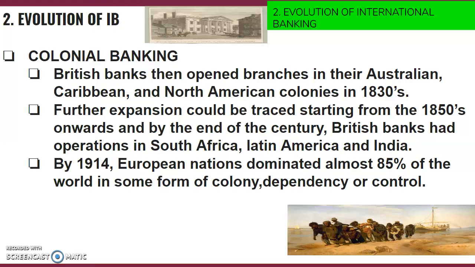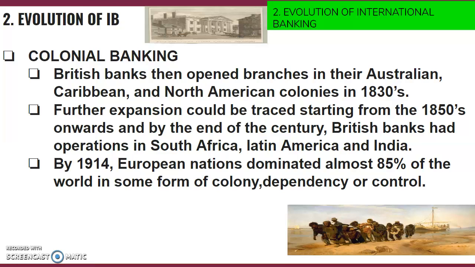Sebab pada tahun 1800 British ataupun United Kingdom ni kan sedang sibuk menjelajah ke seluruh dunia, termasuklah kalau di Malaysia, di Tanah Melayu kan, dia pun dah sampai dan pernah juga menjajah Tanah Melayu kan. So this is the dia punya start. From there, dia open dia punya banking branches in those countries.